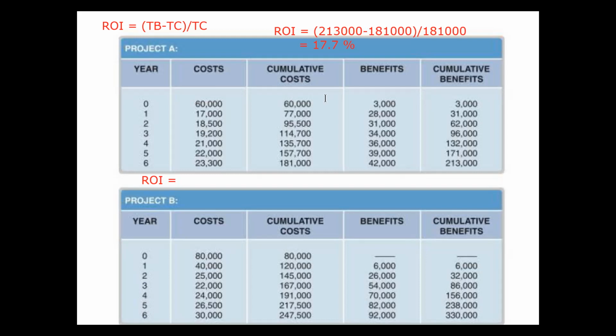Yes, 33.3. So what we need to do here as well, 330,000, yes, we have 330,000 minus 247,500, divide by 247,500, right?